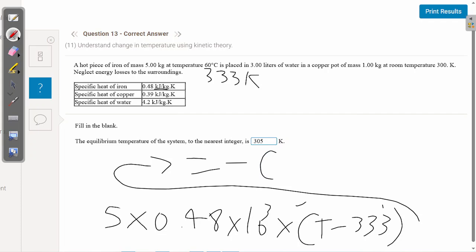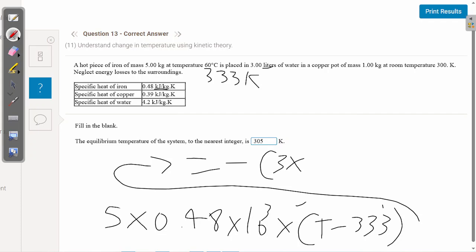the total energy that it lost. What two things did it lose heat to? It lost the heat to the copper and the water. So we're going to do Q of water plus Q of copper. Mass of water is 3, because 1 liter of water is equal to 1 kg of water.